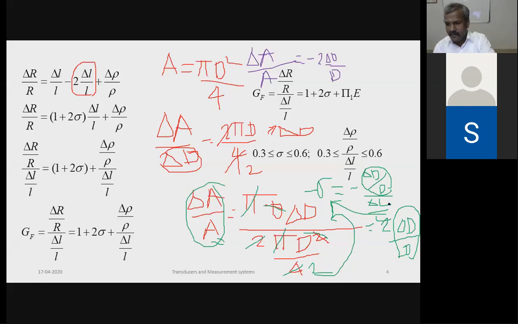Del D by D by del L by L, with the minus, is sigma. So this is equal to minus 2 times, the same 2 is here, sigma times del L by L. Sorry for this delay.